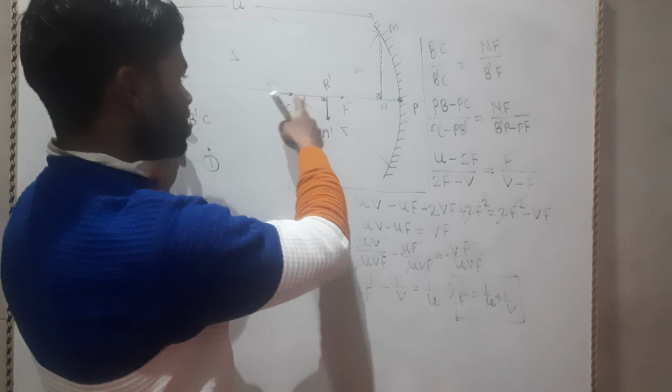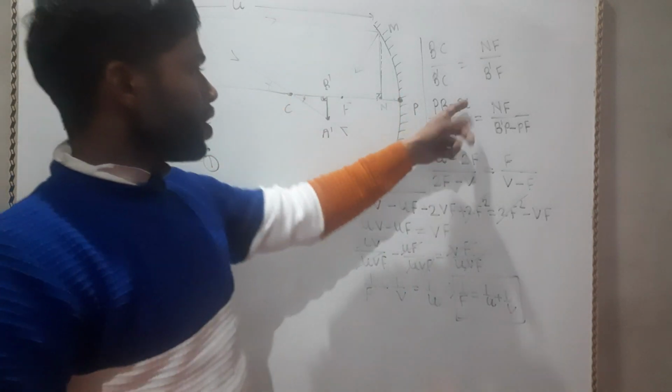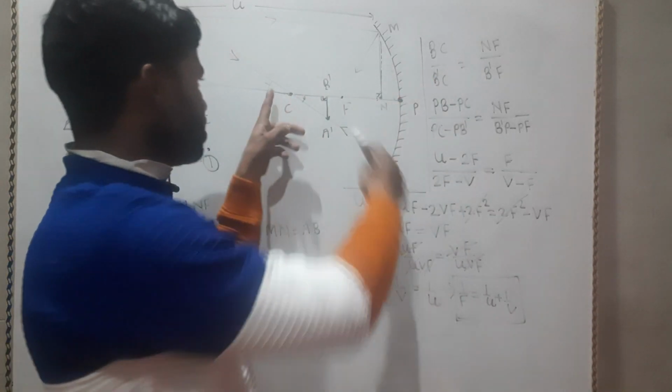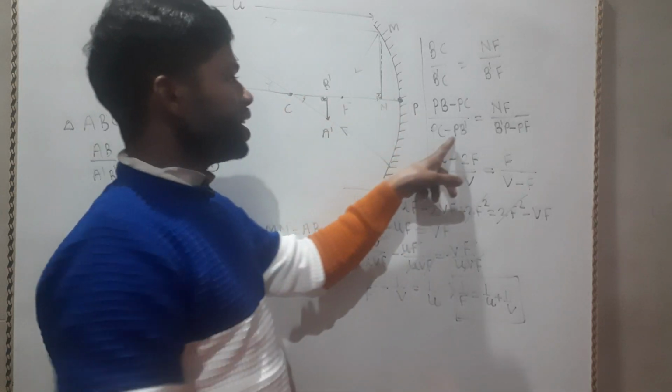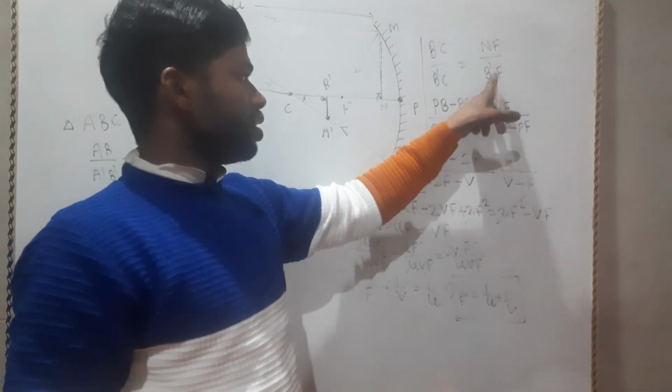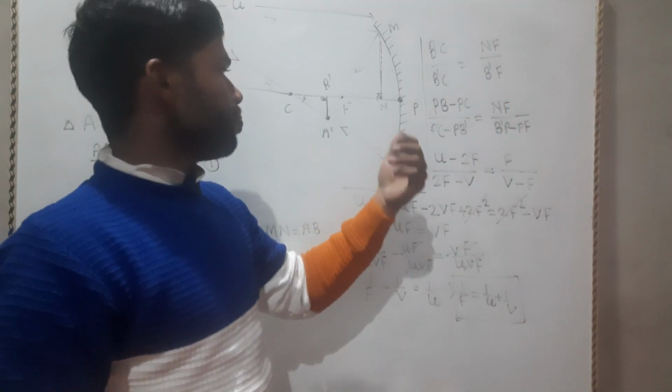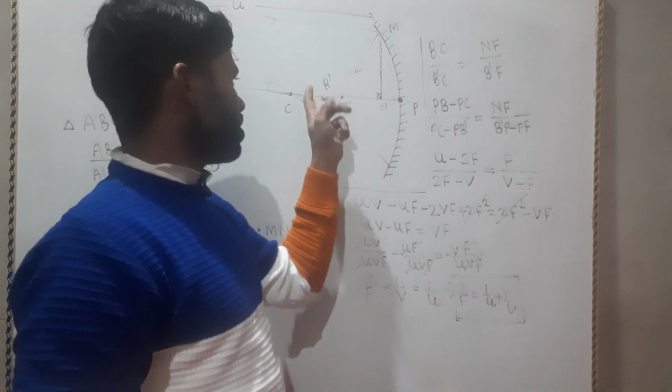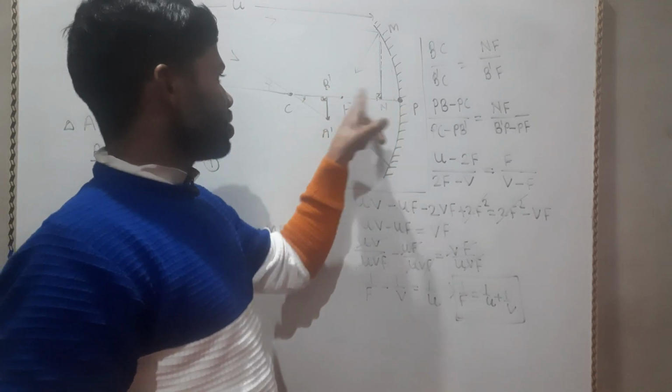BC you can change to PB minus PC, and B dash C is PC minus PB dash, is equal to NF divided by B dash F, which is PB dash minus PF.